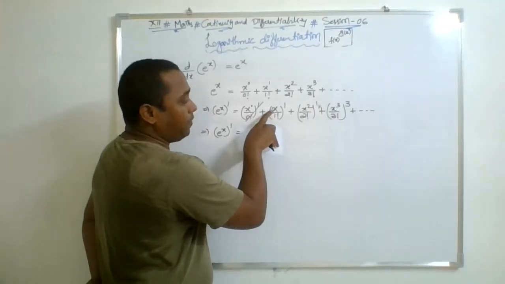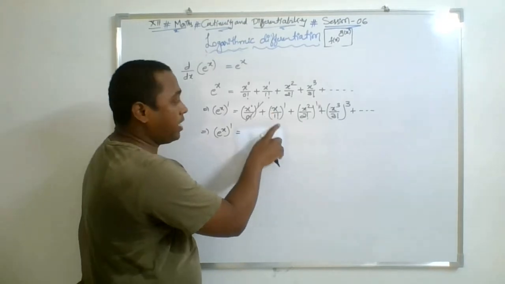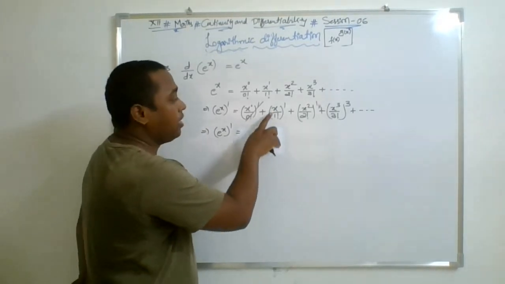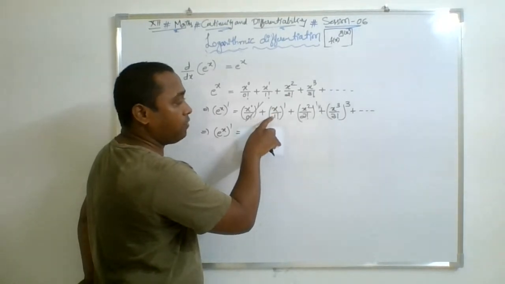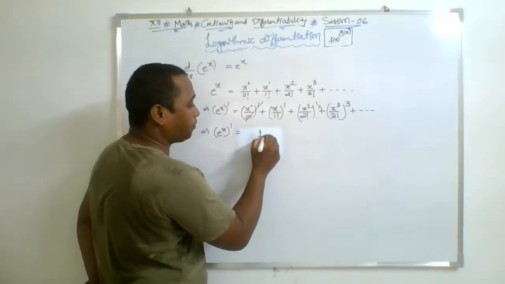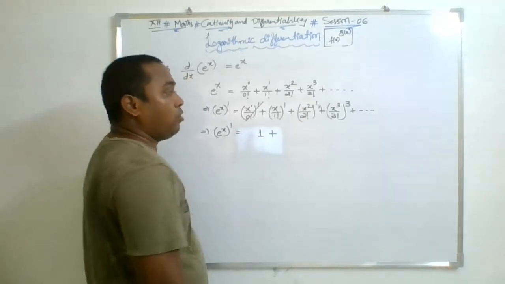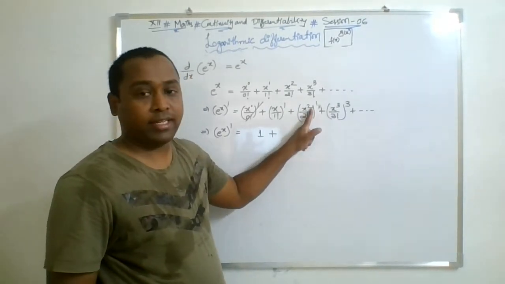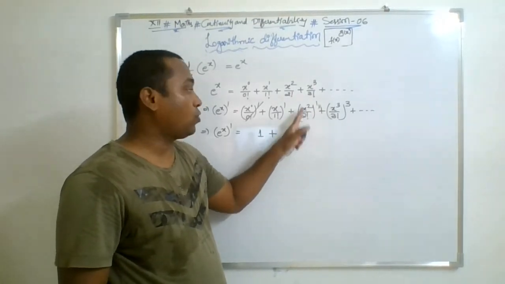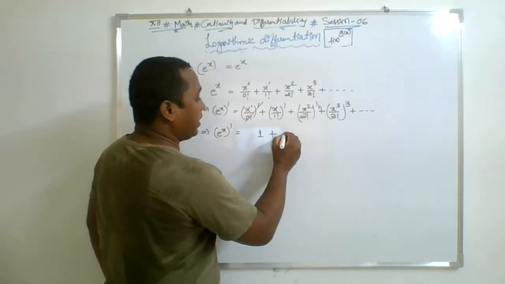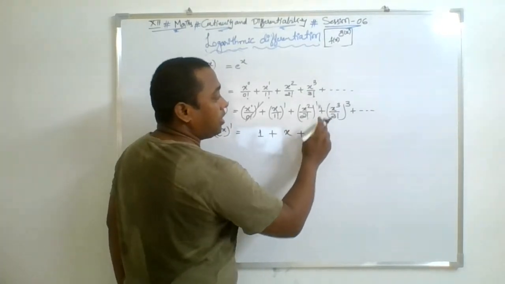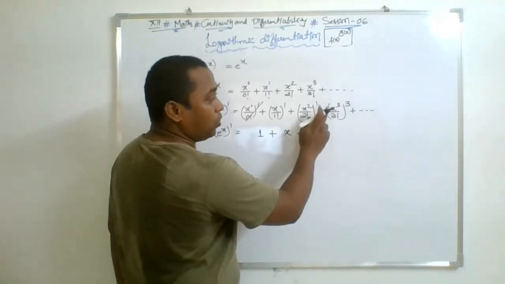Now the derivative of x is 1, right? And since the factorial is a constant, I am doing the derivative of the numerator only. So the derivative of x is 1 and 1 by 1 factorial is 1, so I can write that as 1 only. The derivative of x square is 2x upon 2 factorial, which means 2 only, so the 2 gets cancelled and you are getting x again here.